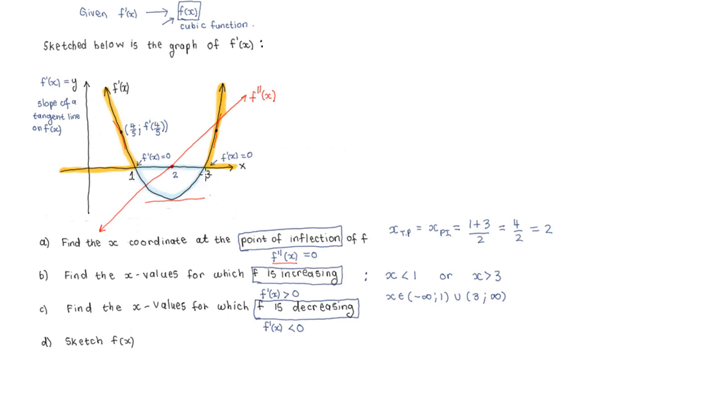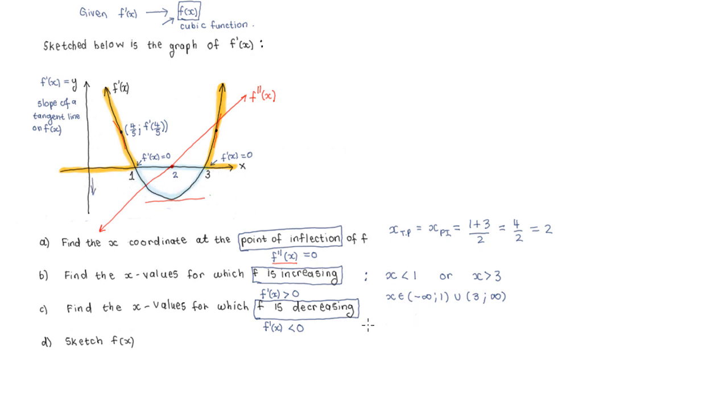And if you didn't draw the derivative number line, you also get the same information from the graph of f prime of x, because f prime of x less than 0 talks about where f prime of x is below the x-axis, in other words it has negative y values.